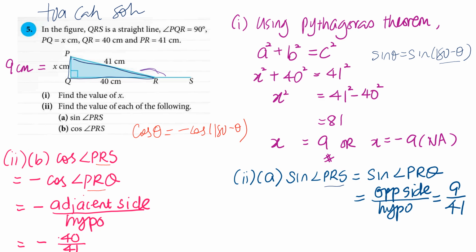The ratio to find cosine of an acute angle is the adjacent side divided by the hypotenuse. The adjacent side is 40 cm and the hypotenuse is 41. So it's negative 40 over 41. This is how you do a typical O-level question, finding the sine and cosine ratio of obtuse angles.